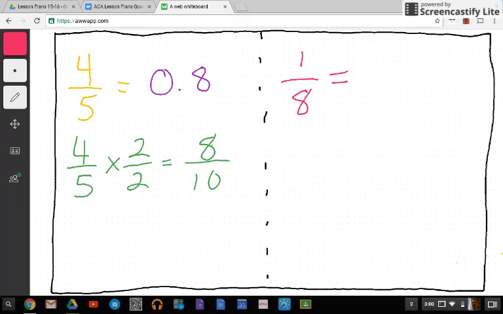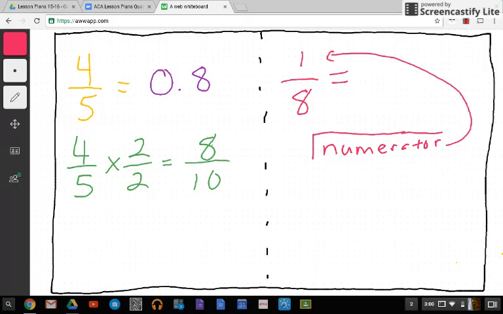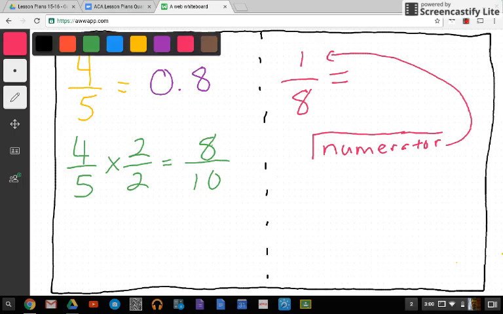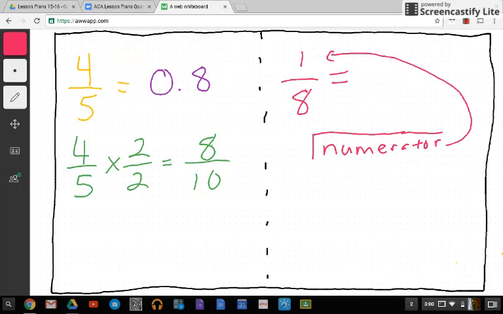I can always take the numerator, which is the top number of the fraction, and I can always divide it by the denominator, which is the bottom number of the fraction.